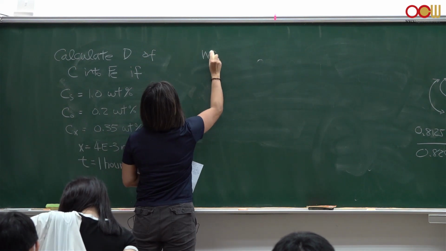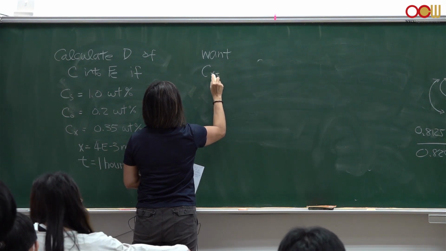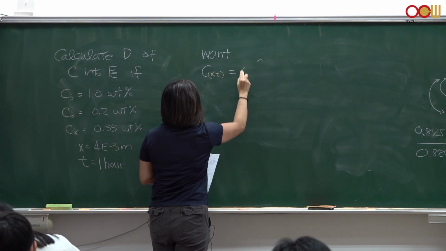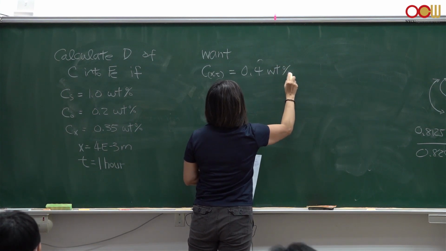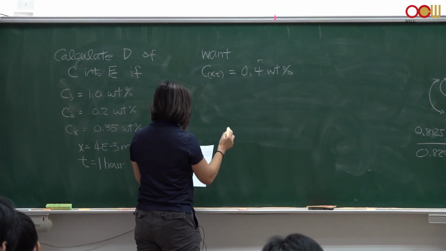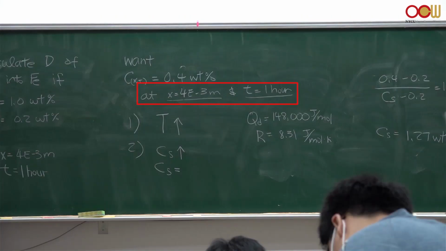So you want C of x, t to be equal to 0.4 weight percent at x equals 4 times 10 to the negative 3 meters, and t equals 1 hour.